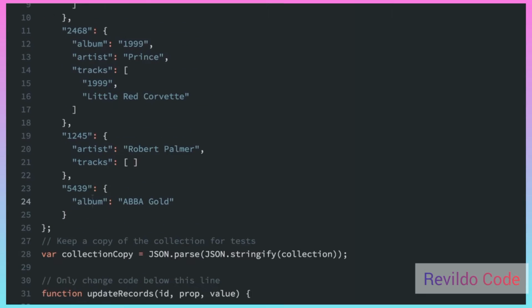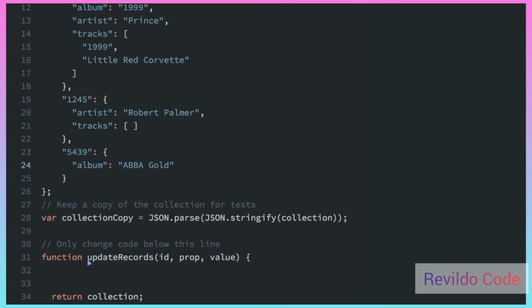And we are supposed to create this update records function where we can pass in the ID, the property, and the value, and it's going to update our record collection with the property and the value.